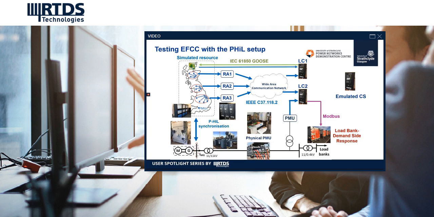A physical PMU has also been used to feed synchrophasor information to local controller 2. And as I said, the emulated central supervisor is used to determine the availability of controllable resources and the appropriate level of dispatch on a regular basis. I'll hand over to Qiteng to talk you through the details of the power hardware in the loop synchronization and the controls required to achieve that.